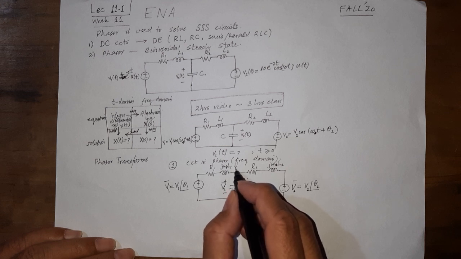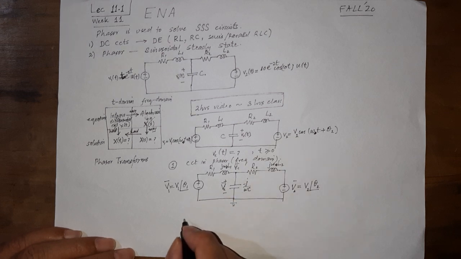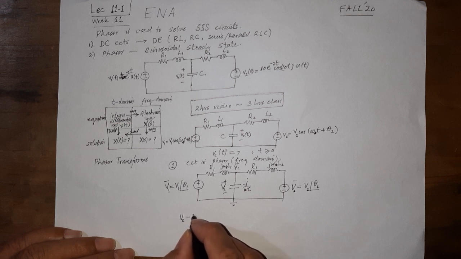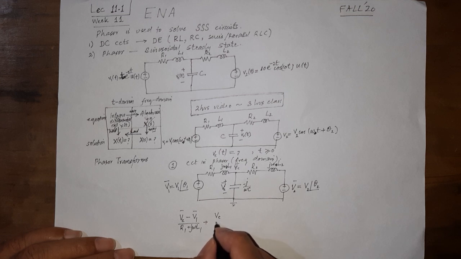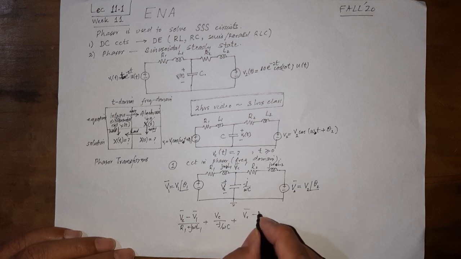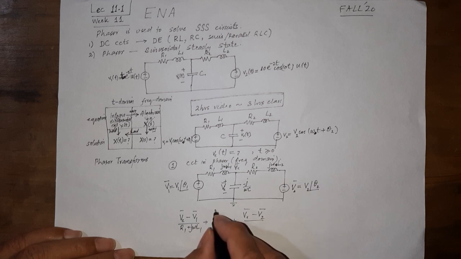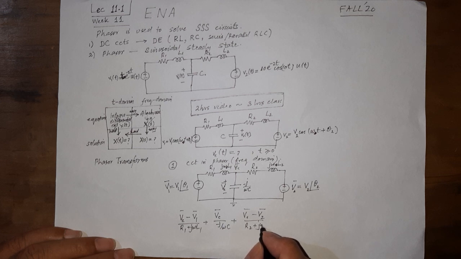We can call this capital VC, which it is, and then we can write the equation: VC minus V1 over R1 plus j omega L1, plus VC over minus j over omega C, plus VC minus V2 over R2 plus j omega L2 is equal to 0.